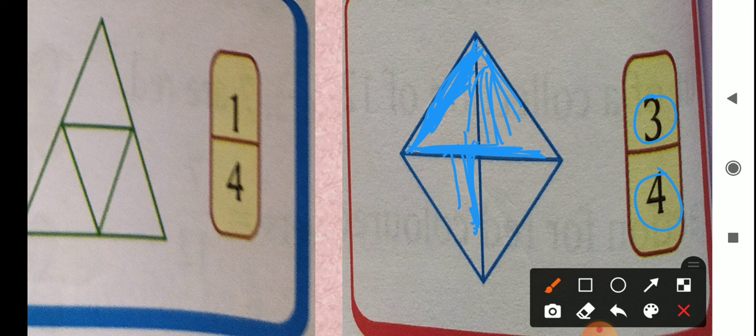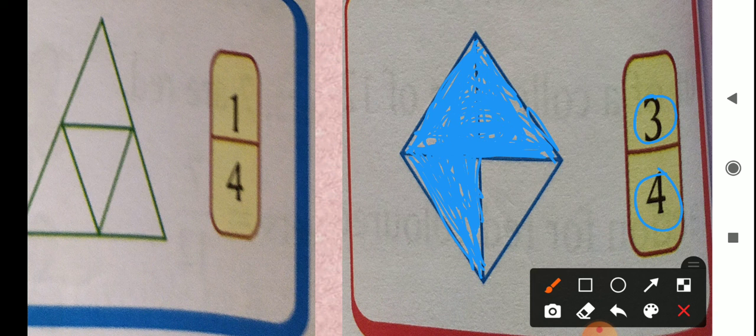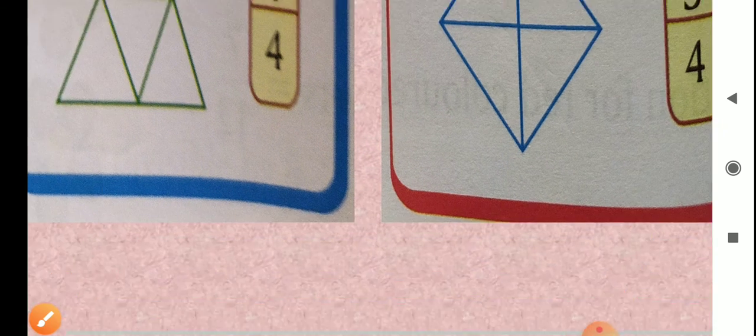So out of 4, 3 parts we shade here. This way we shade 3 out of 4 parts.